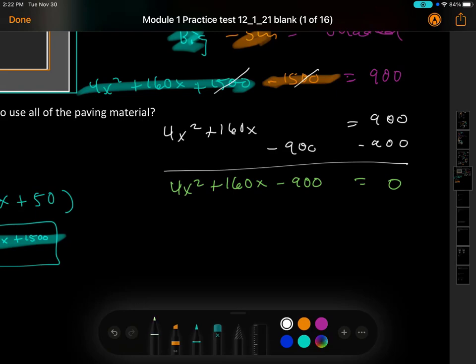Okay, I'm going to factor out a 4 to make this number smaller. 4 goes into 4 once, 4 goes into 160 forty times, and 4 goes into 900 225 times.